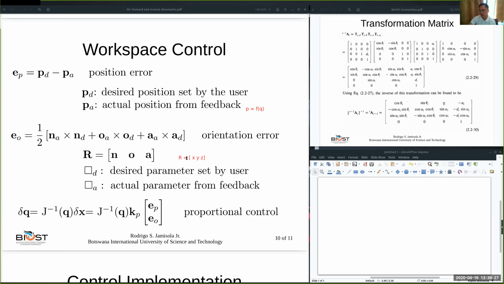So now you have a desired X, Y, Z that is set by the user, and then you can have the actual R, which is obtained by forward kinematics.